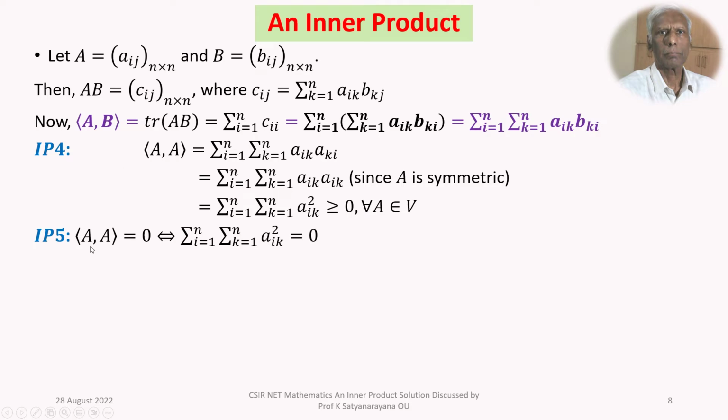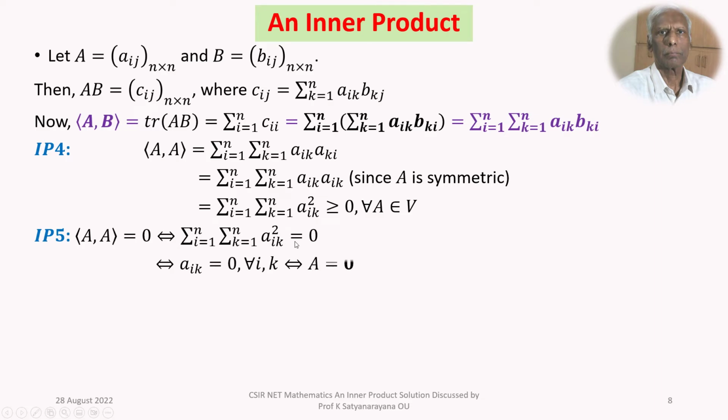The fifth property: bracket A comma A is equal to 0 if and only if double summation, sigma i equal to 1 to n, sigma k equal to 1 to n, Aik square is equal to 0. Sum of squares equal to 0 implies each entry is equal to 0.